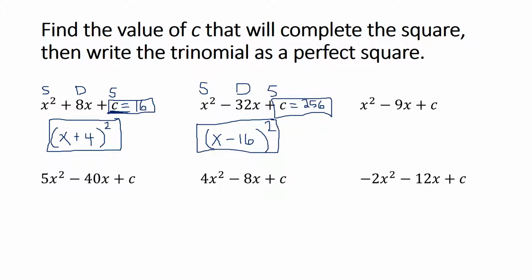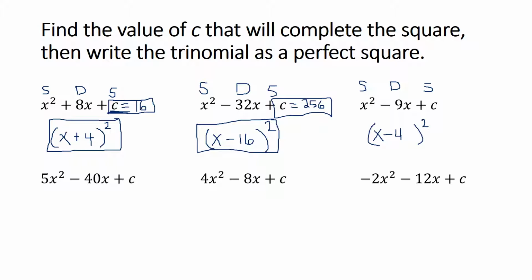All right, we're going to continue going. The next one, it's the same idea, square, double, square. We want the perfect square. So we would start with x, because x squared is x squared. And then you want to ask yourself, what number do you double to get a negative 9?